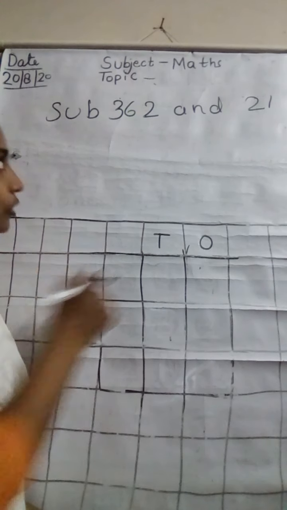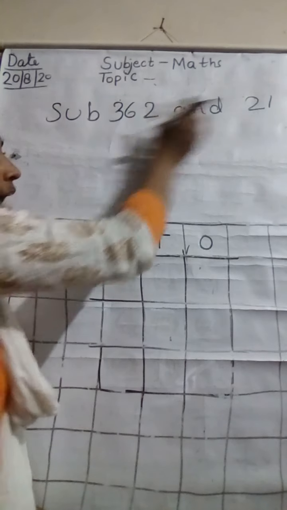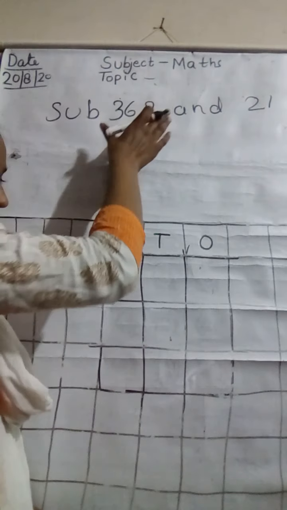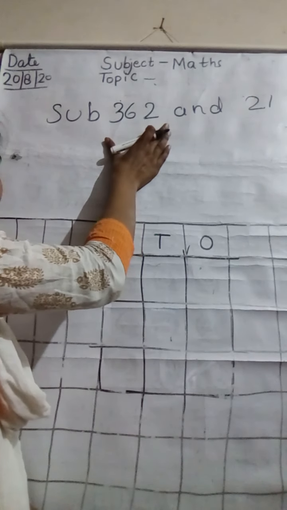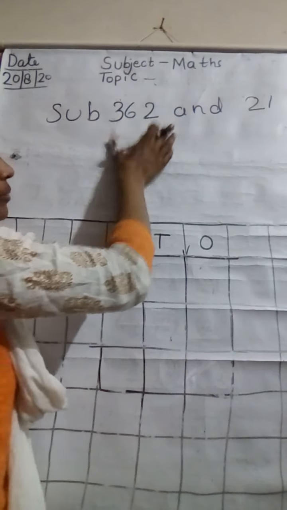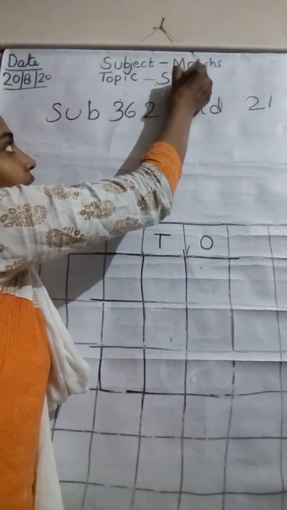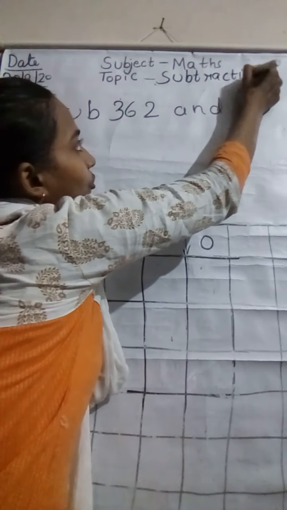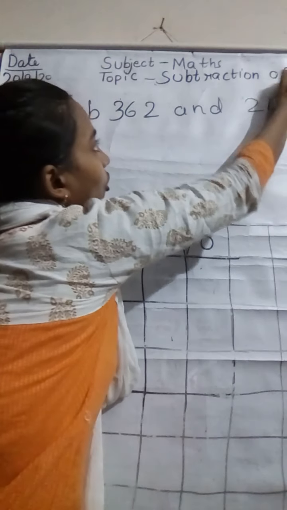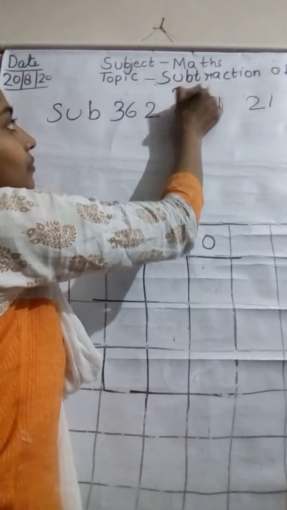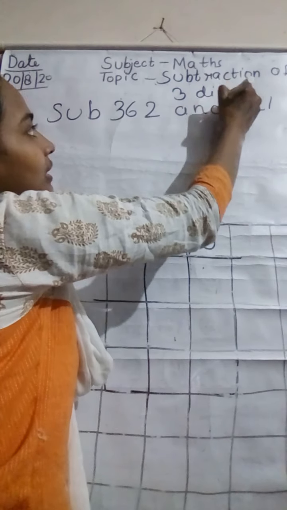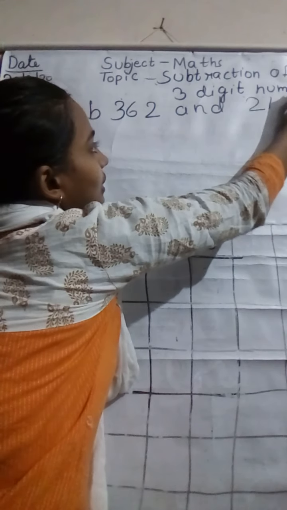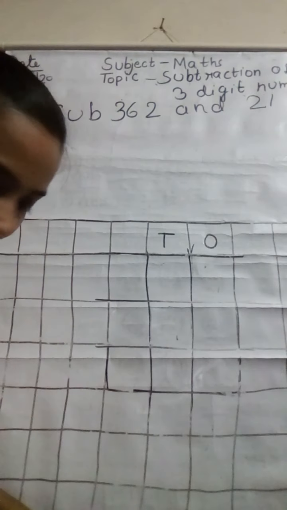Yes, because 362 is the bigger number and 21 is the smaller. So children, today's topic is subtraction of 3-digit numbers, okay?